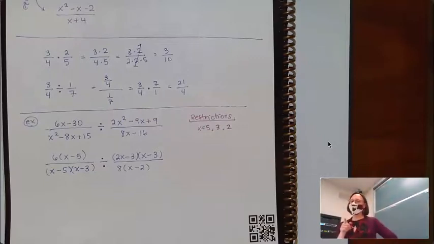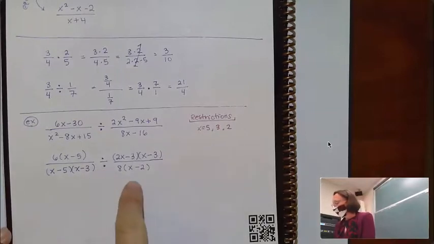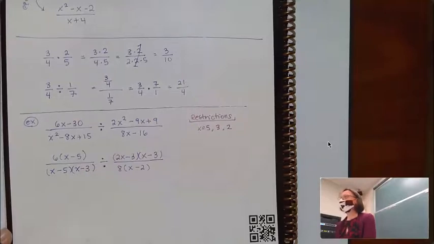But there's an extra piece that we have to worry about on the restriction. Because dividing by this fraction is equivalent to multiplying by its reciprocal.